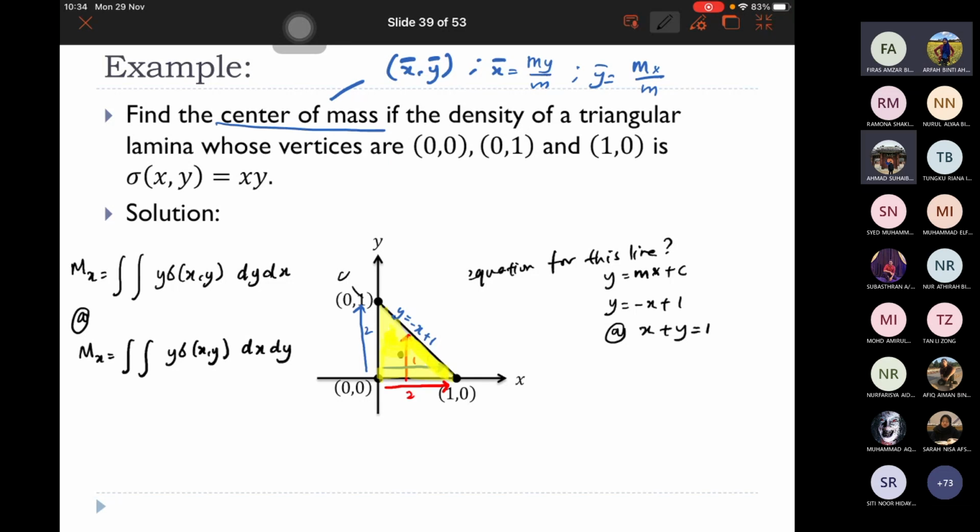Dia lahir awal. Farhad umur 23. Farhad daripada diploma. Yang Ahmad Suhaib pun dari diploma juga. Ramai lah juga umur.